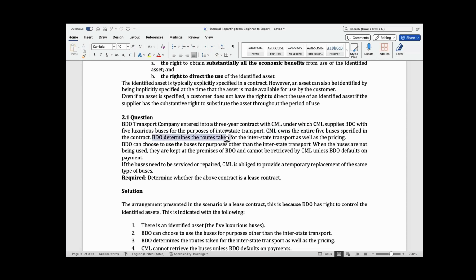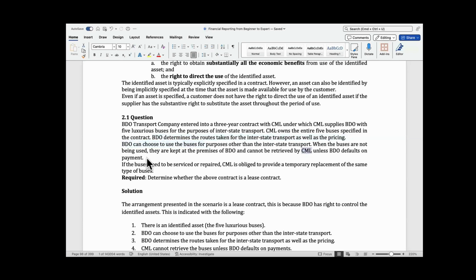It says BDO determines the route taken for the interstate transport as well as the pricing. This clearly shows that BDO, who is the lessee, directs the use of the asset. It says BDO can choose to use the buses for other purposes other than interstate. When they are not being used, they are kept at the premises of BDO and cannot be retrieved by CML except if BDO defaults on payment.